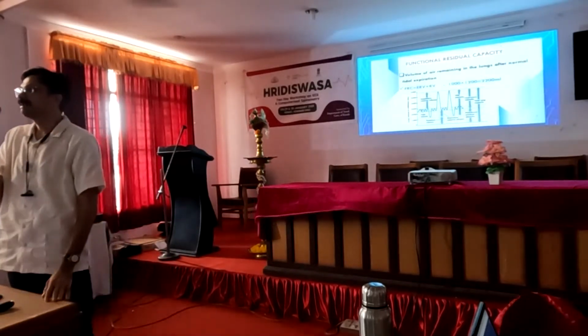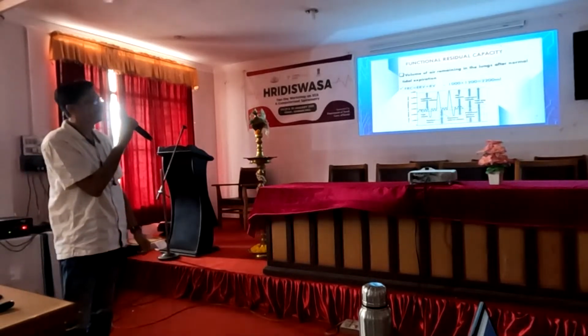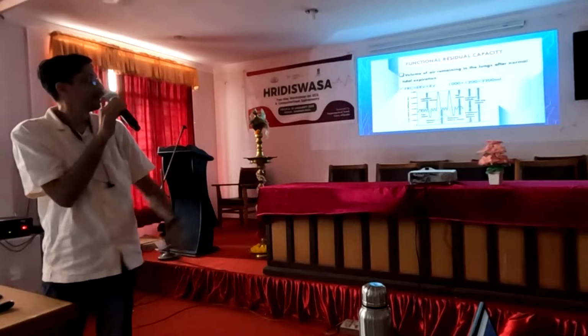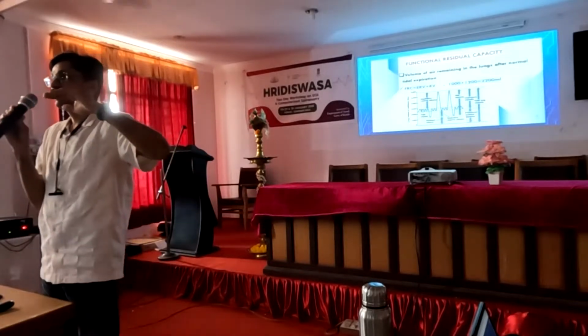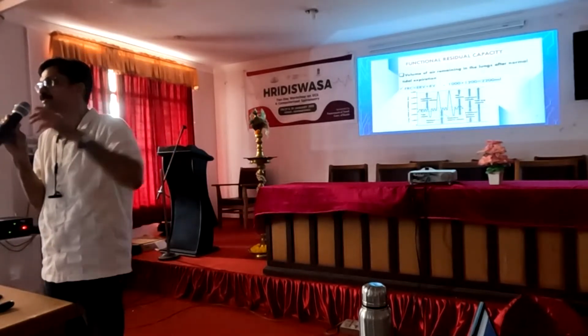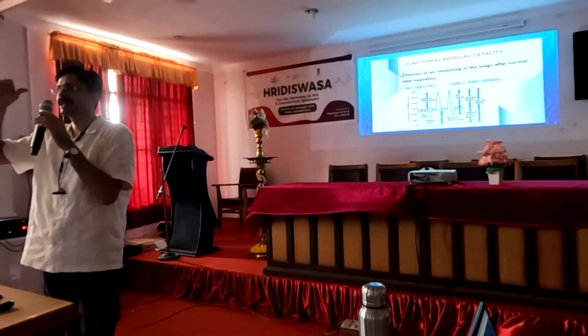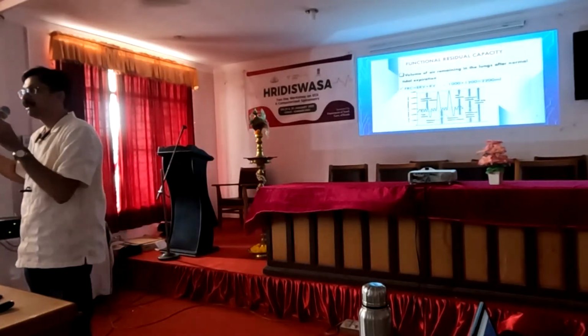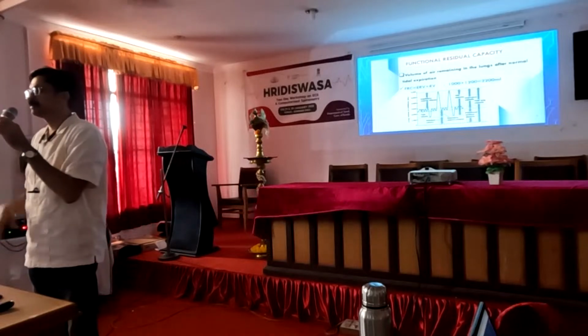Next comes the functional residual capacity. That is the volume of air remaining in the lungs after normal tidal expiration. So after normal tidal expiration, the residual volume is there, and along with that the expiratory reserve volume is there.